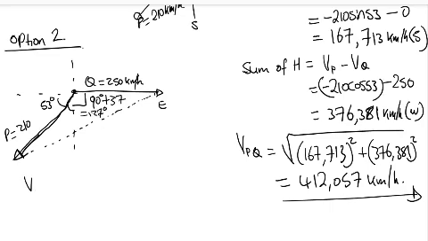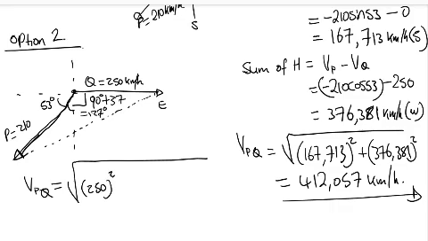So the velocity of P to Q equals the square root of 250 squared plus 210 squared minus 2 times 210 times 250 cos 127.